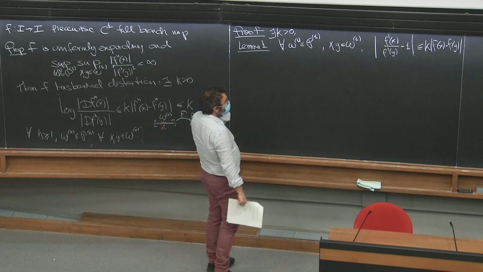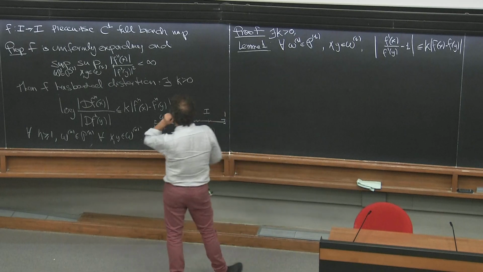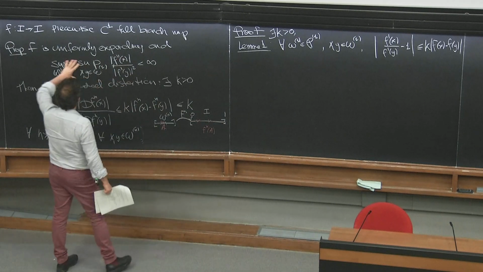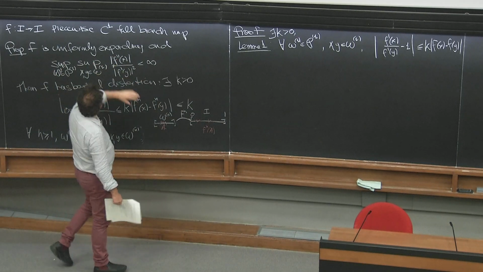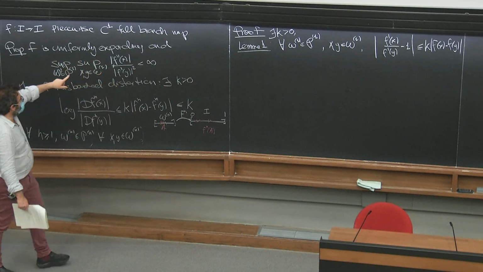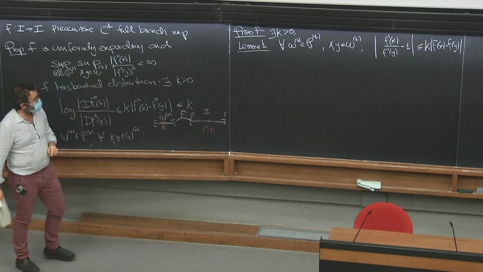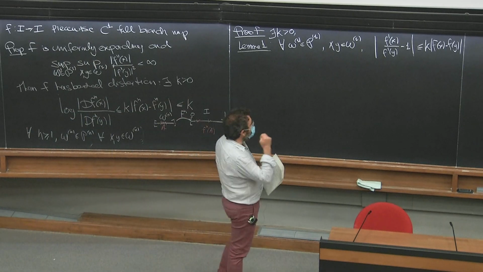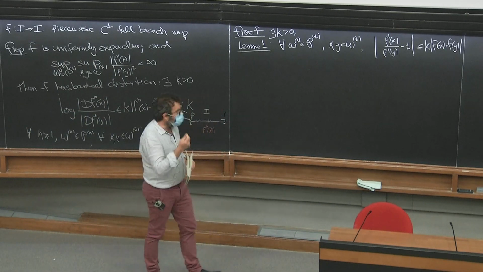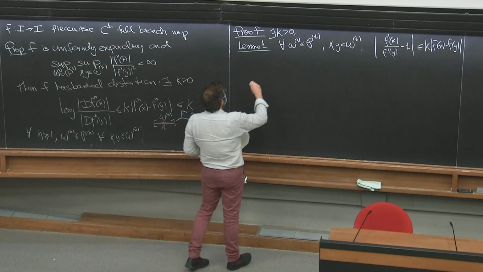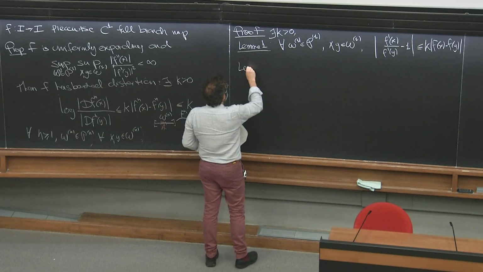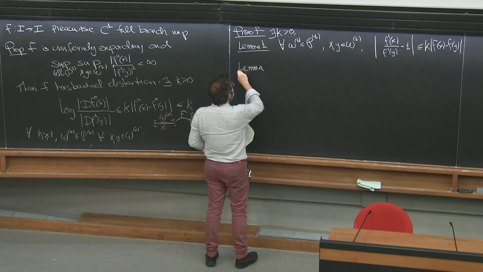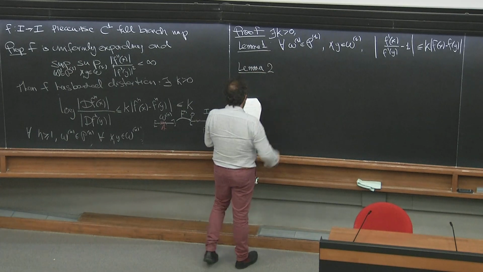Use the mean value theorem on the first and second derivative, assuming this condition here. In fact, this lemma does not need the uniform expansion. It's just a direct consequence of this. So I think I will leave that because the other two lemmas instead have some more conceptual and interesting calculations. So I think it's better to spend the time doing that.